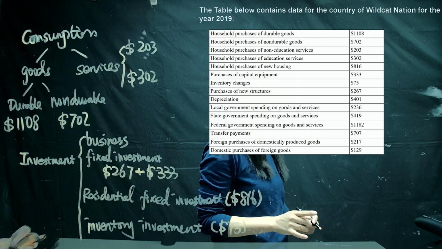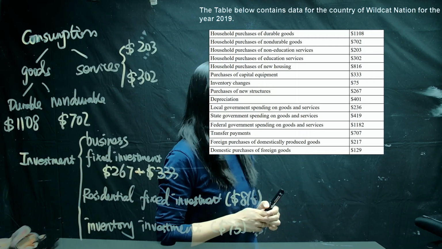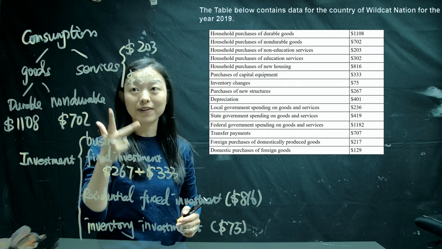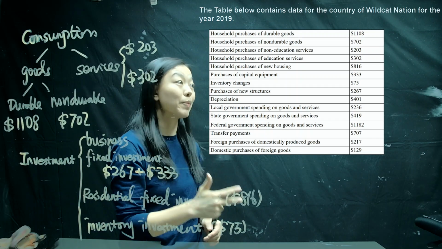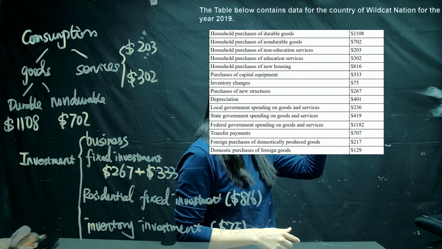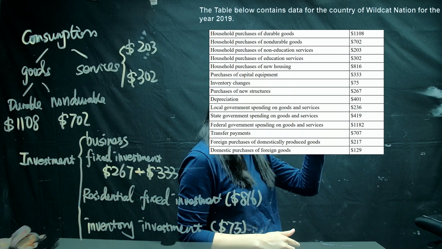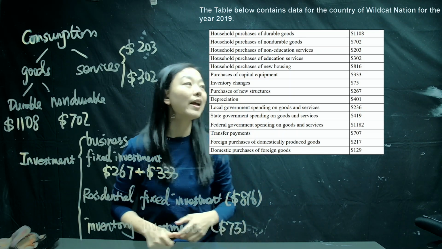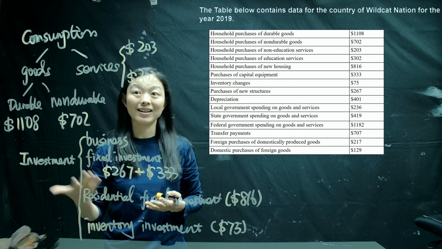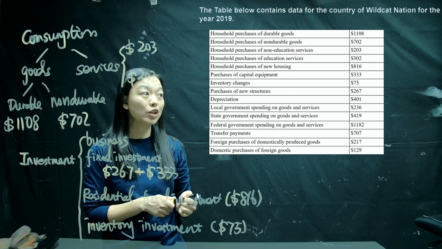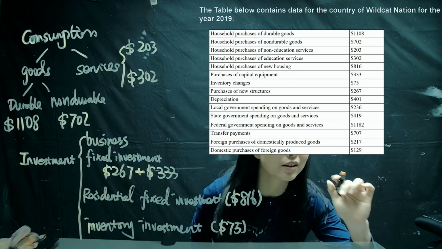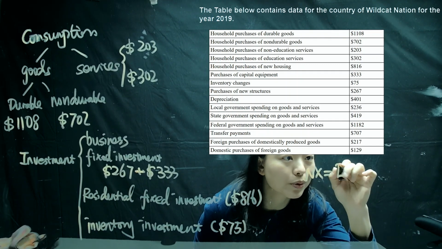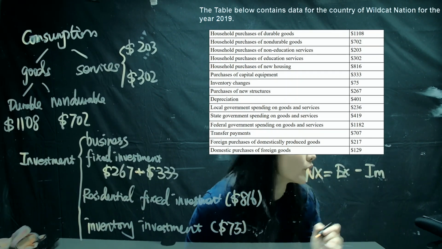Now we move on to government spending. As I told you before, it includes three levels, right? State level, local level, and federal level, but don't count transfer payments. So what you need to do is add those numbers together for the local, state, and federal government spending, but don't include transfer payments. And then the last part asks you to compute net exports. Net exports will equal exports minus imports.